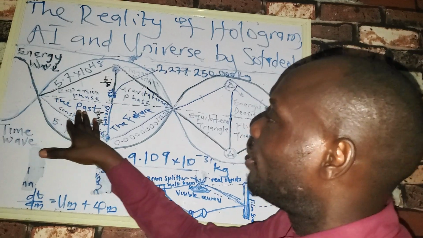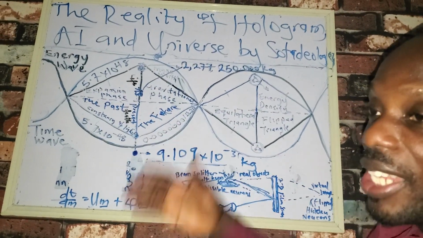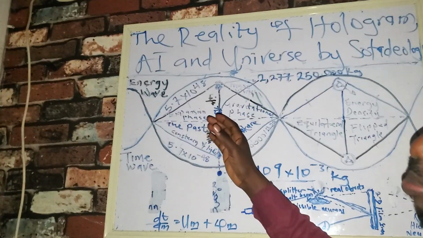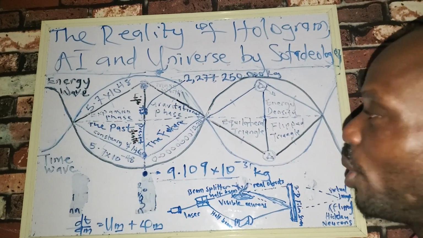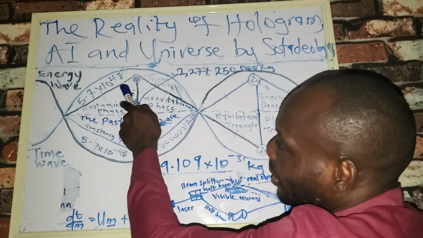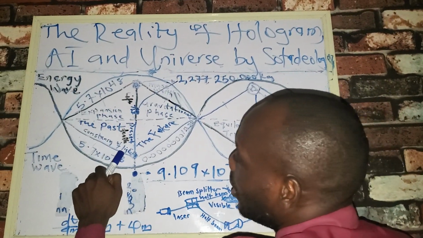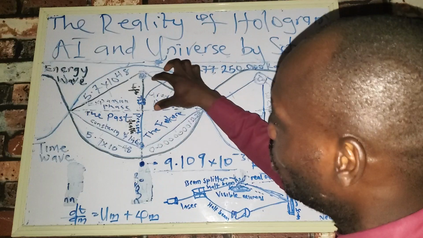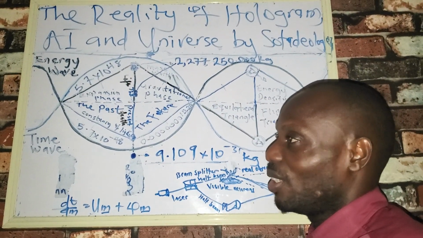So now we know that the learning system of AI can even be made better using this time energy wave. Because when you look at this, we have constancy, and the gauge of the constancy of light and the gravitational field can be used in getting the real position of the positron.